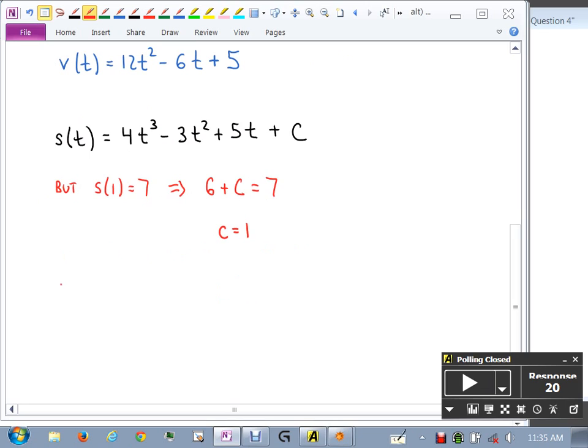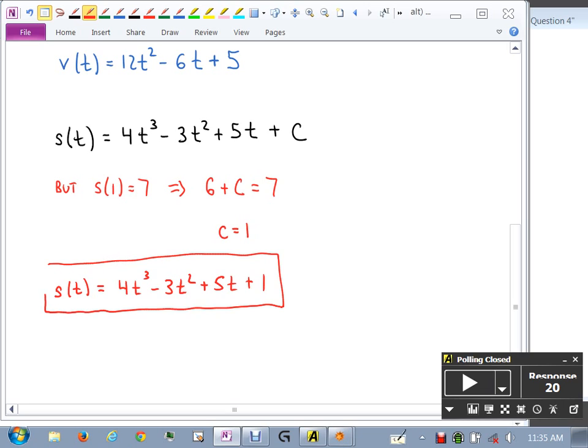So my position function, s of t, will be 4t cubed minus 3t squared plus 5t plus 1. That's what I wanted for part A, the exact position function. Now for part B, I just need to do what? Plug 2 into that, which I'm not going to do.